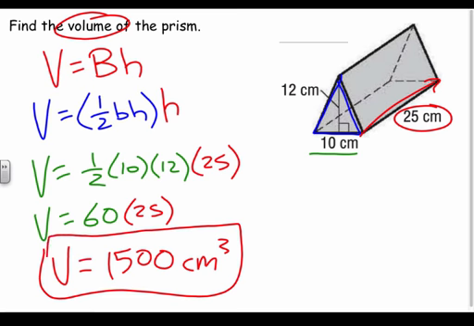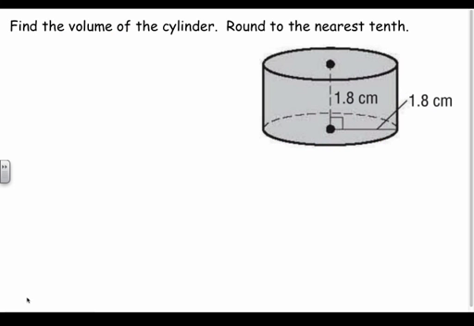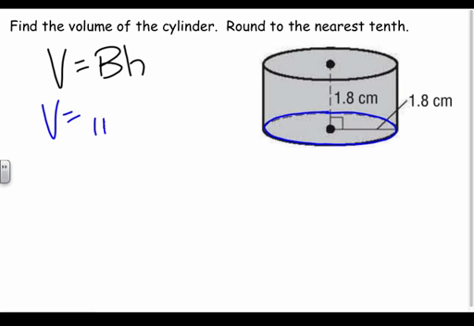Okay, so you just got to determine what's the base shape. Well, and just like I said a second ago, if you have a cylinder, well, what's our base shape now? It's a circle. So here's my volume formula, area of the base times the height. Fill it up. Well, my base here is a circle. So what am I going to use for the area of the base? Pi r squared for the area of the base, and then times the height of the cylinder. And we just plug in the information that we know.